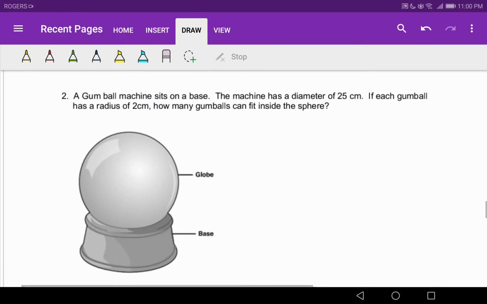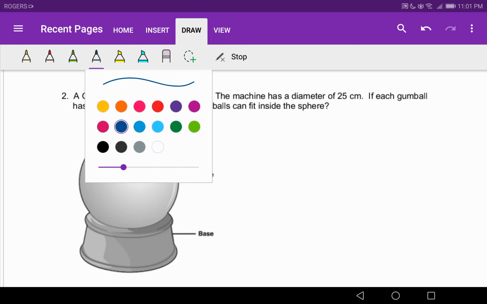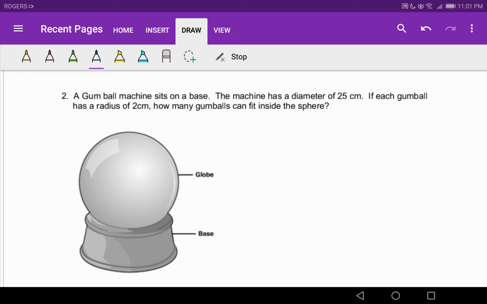All right. So let's move on to the second question. A gumball machine sits on a base. The machine has a diameter of 25 centimeters. If each gumball has a radius of 2 centimeters, how many gumballs can fit inside the sphere? Okay. So I have to figure out how many gumballs will fit inside of here. All right. Well, a gumball, I am told, so let's write down what's given.